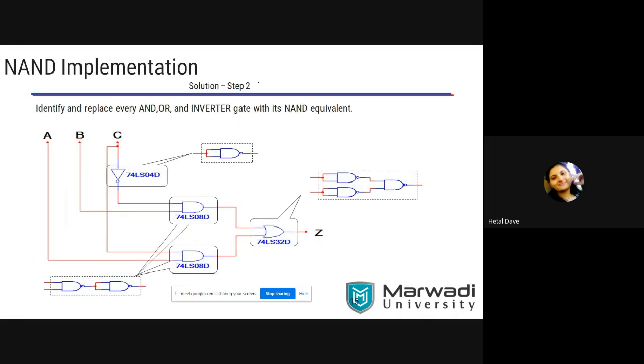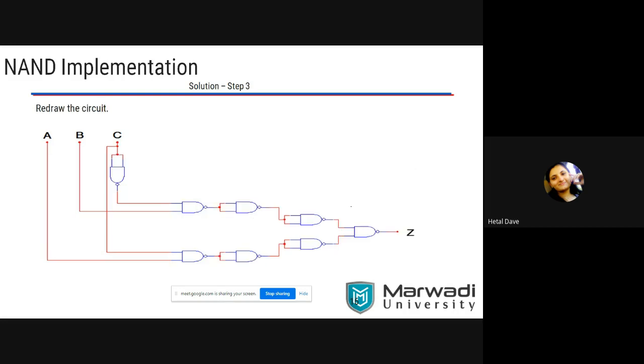Second step, consider the equivalent NAND gate circuit. We have already seen the NOT gate equivalent circuit of NAND gate, the AND gate equivalent circuit, and the OR gate equivalent circuit. We will replace this AOI with the NAND gate equivalent circuit. So we have replaced it.